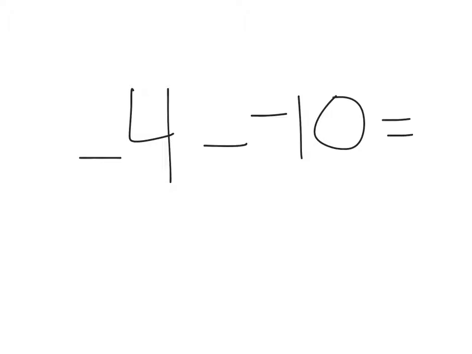But let's say we have -4 minus -10. Right now, subtracting a negative, so I'm going to go ahead and add a line, change the sign. I'm going to add that line to make that addition, change -10 to +10.